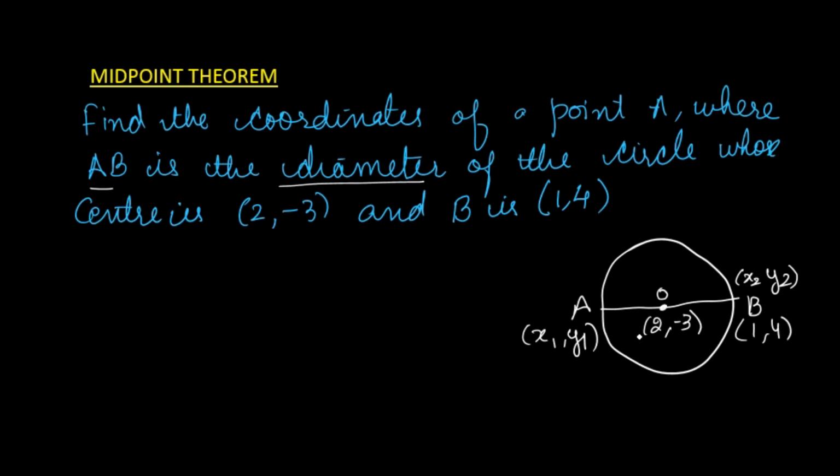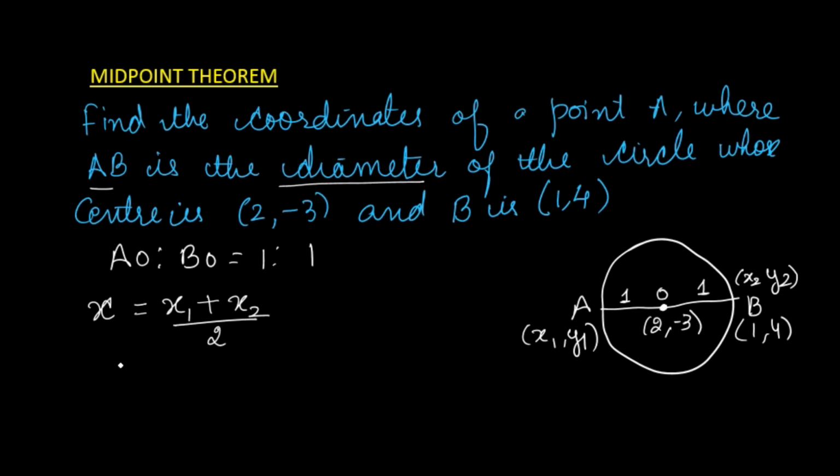According to the midpoint formula, here the point of division is point O. Point O is dividing AB in the ratio 1:1 because the center divides the diameter into two equal parts. So AO to BO is nothing but 1:1. The x coordinate of the point of division is the sum of the two x coordinates of the endpoints divided by 2.